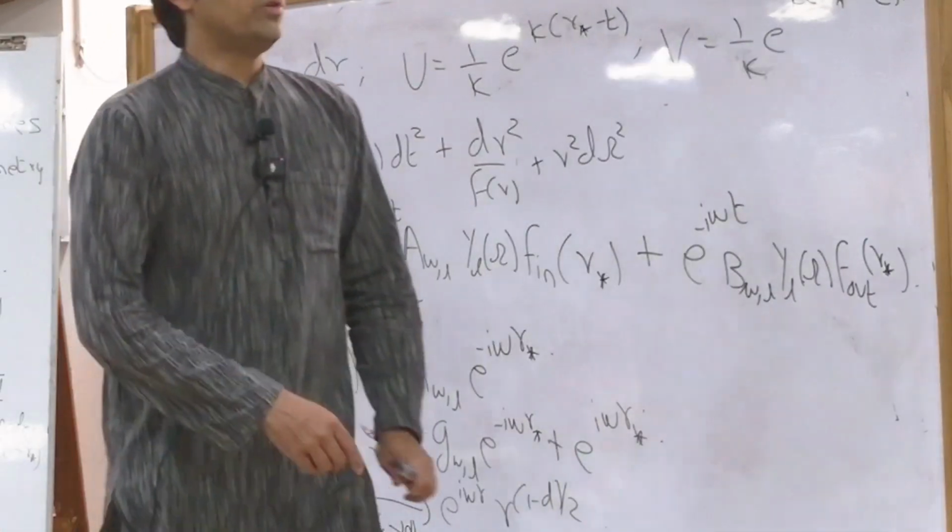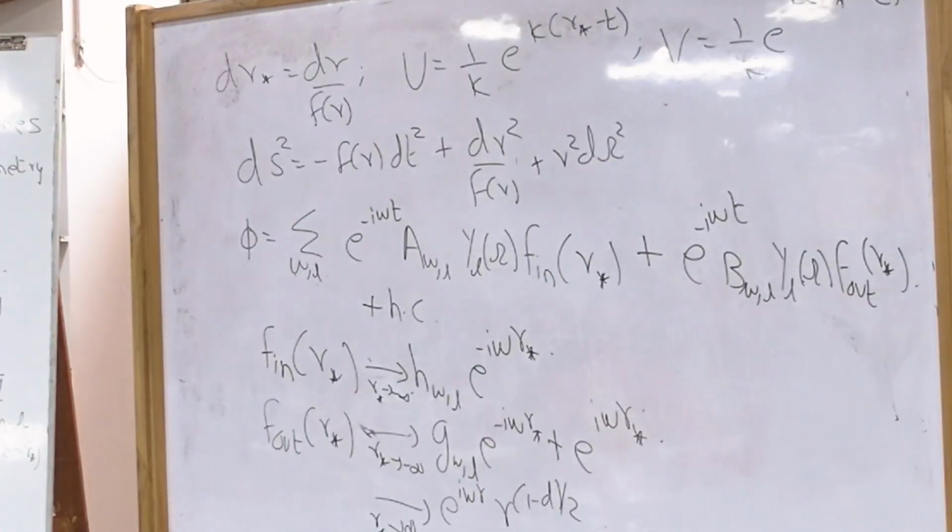So the way you should think of these solutions is as follows. Let's go back to this diagram, which we'll make reference to many times. You can think of this outgoing solution as f out specifying data here.